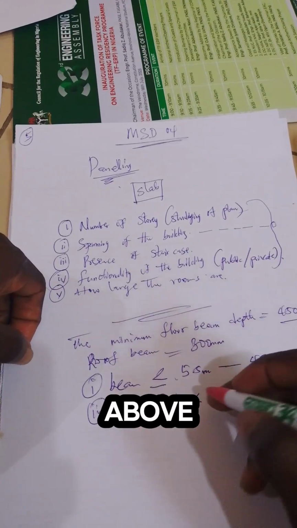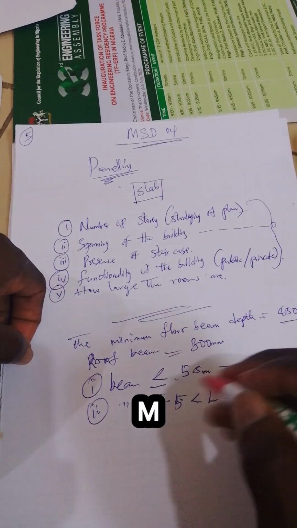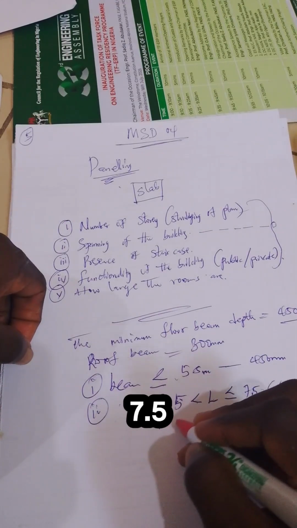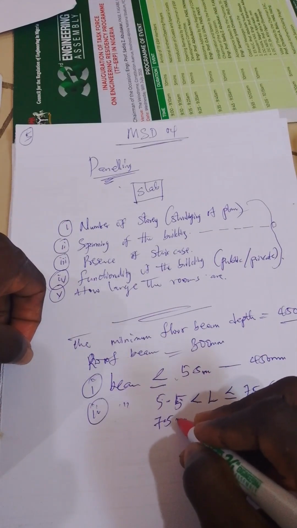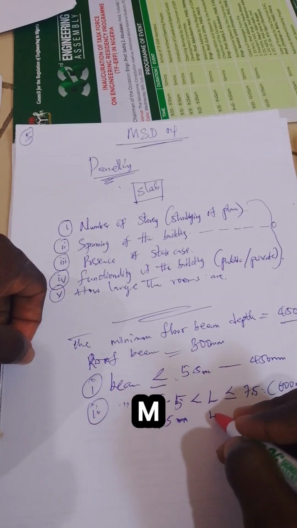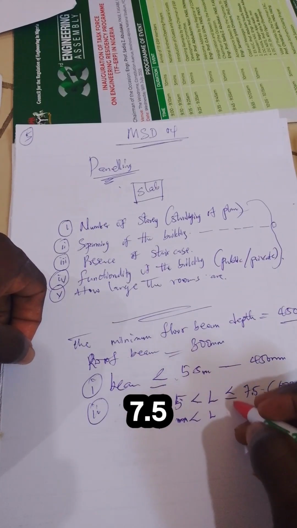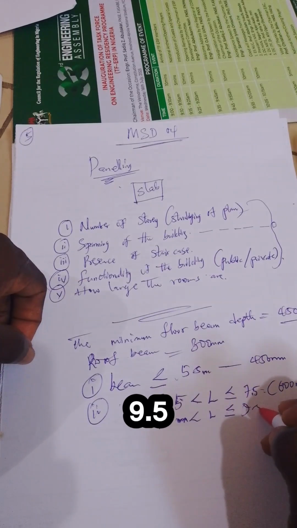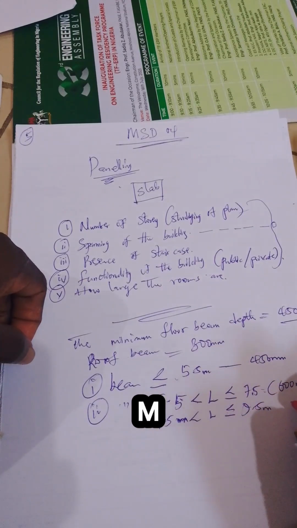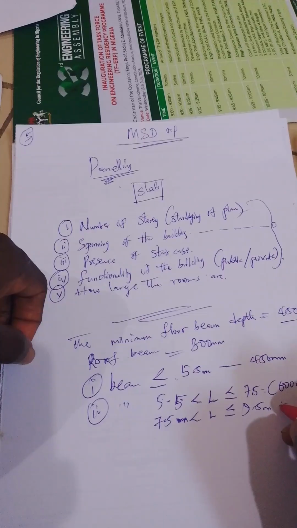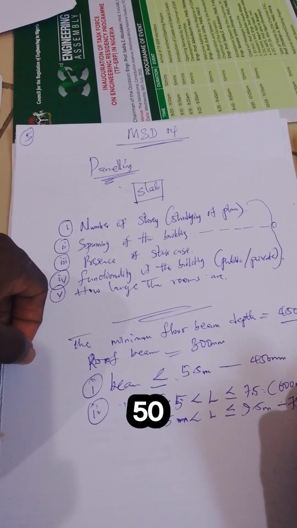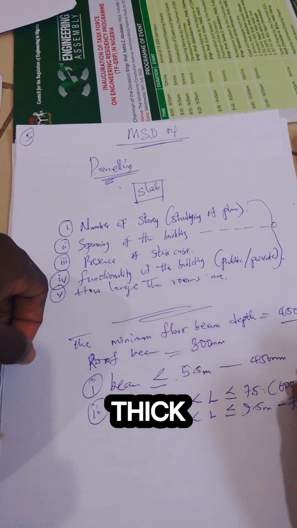Then if it's above 7.5 meter, if your L is above 7.5 but less or equal to 9.5 meter, you use 750 thick or more.